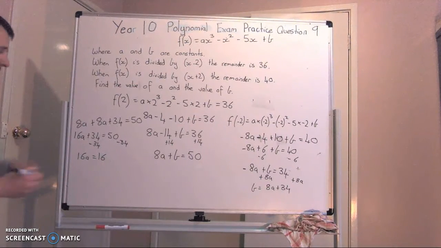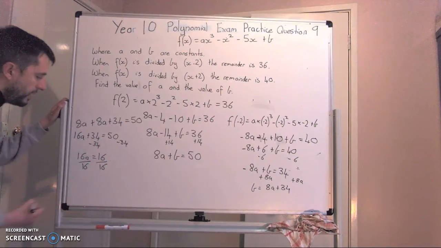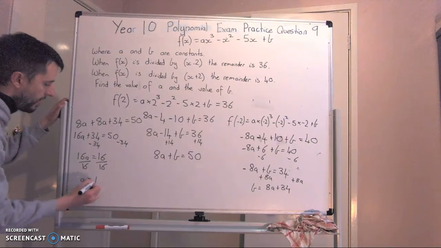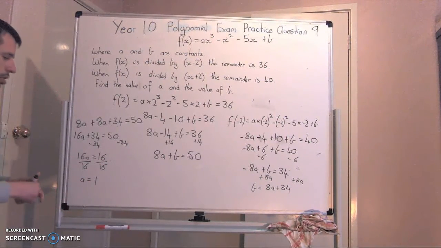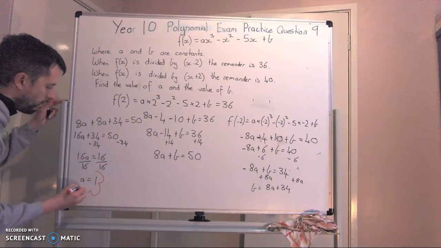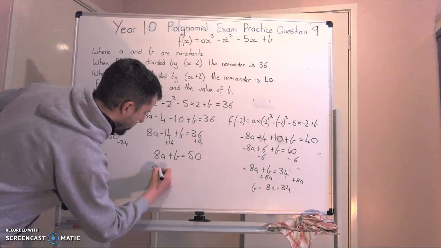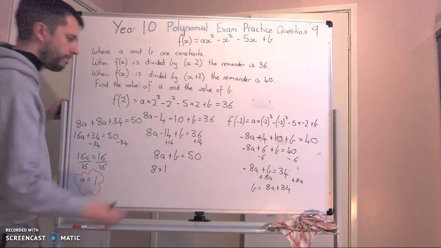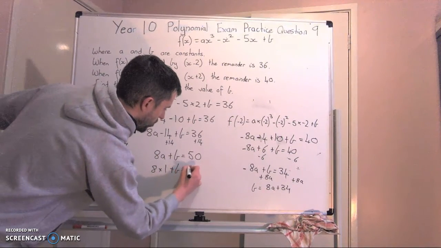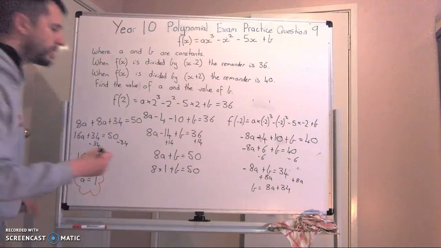The next step is to get a by itself, and I need to divide both sides by 16. That gives me a is equal to 1. So this is my first part of my answer. The second part of my answer is going to be when I substitute it into the equation. So that means it's going to be 8 times a, which is 1, plus b equals 50. 8 times 1 is 8.